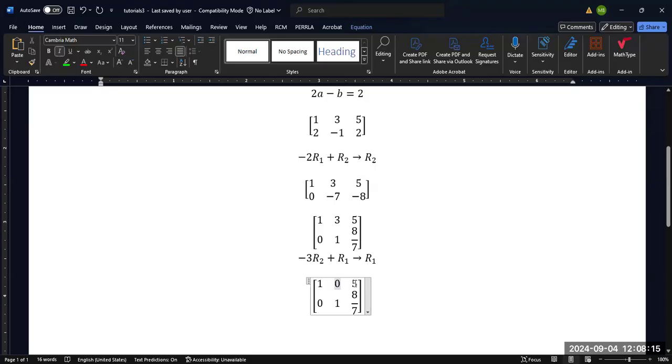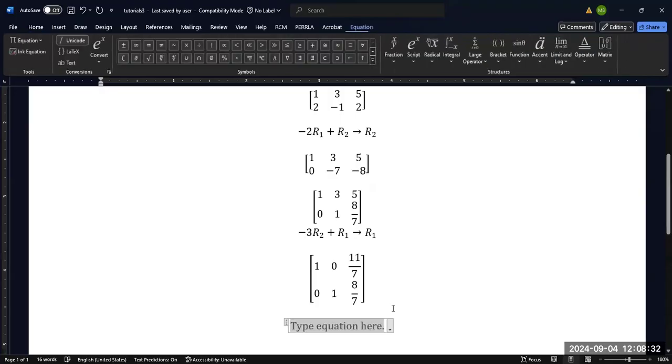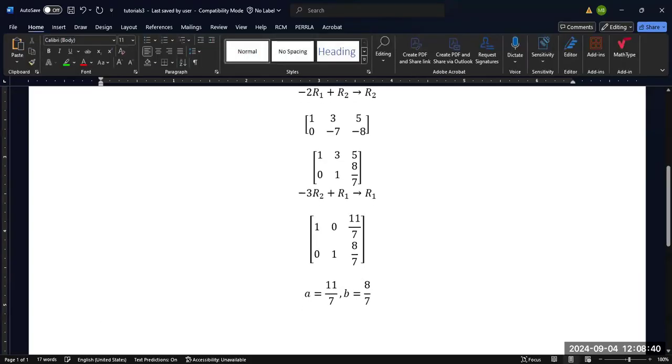So 35 minus 24 is going to be 11/7. So what this tells me is that A is 11/7 and B is 8/7.